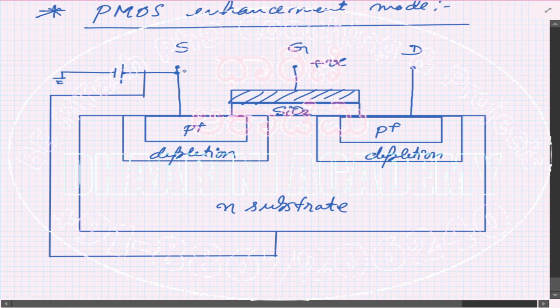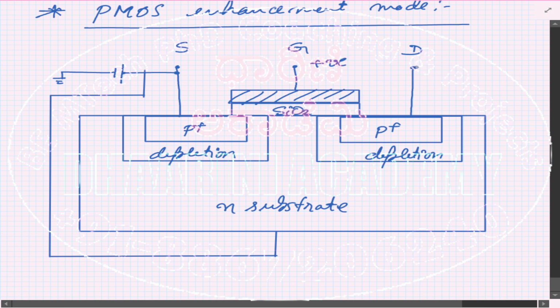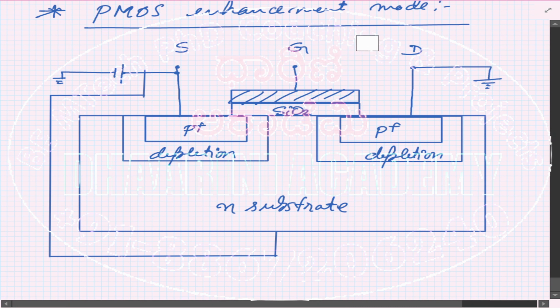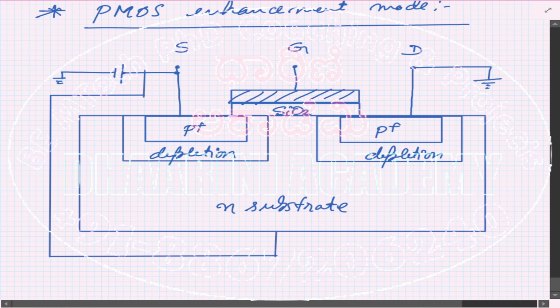So when this is positive, I don't have any channel, right? So here you see that the drain is actually connected to ground. So normally the value of voltage which we connect here is denoted in this fashion. So this is Vs. Now Vs has a value, Vs is not 0. Now Vd is 0. Okay, it is connected to ground.